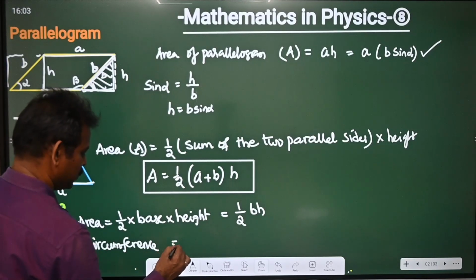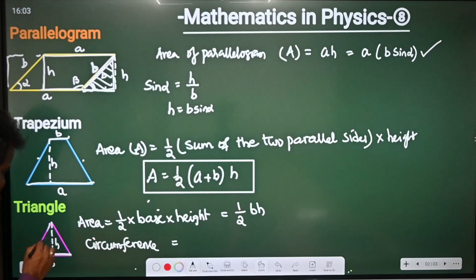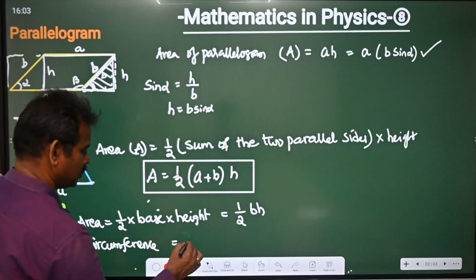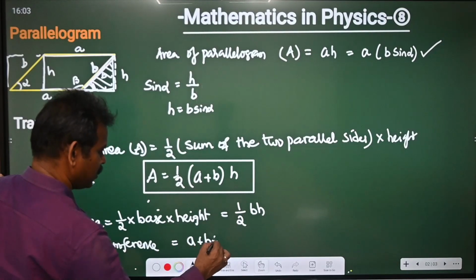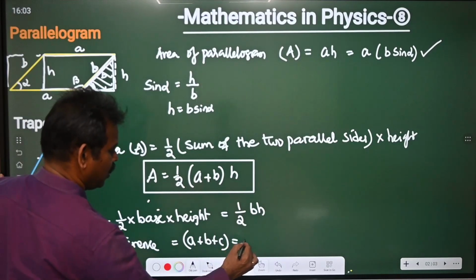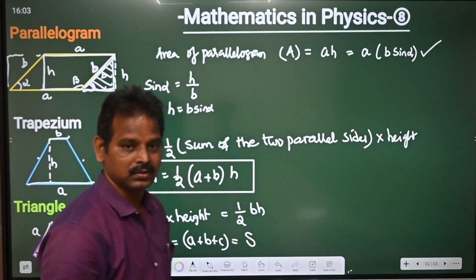Perimeter is given by this side and this side. If it is A, this is base B, this one C. Perimeter is given by A plus B plus C, and we denote this by the letter S.